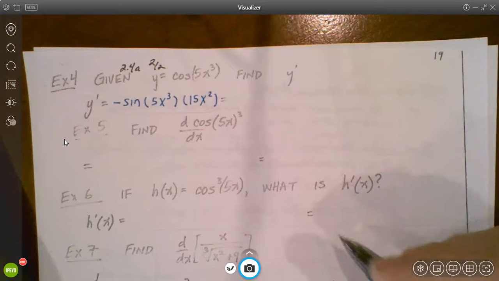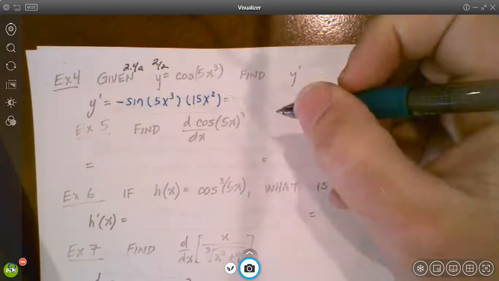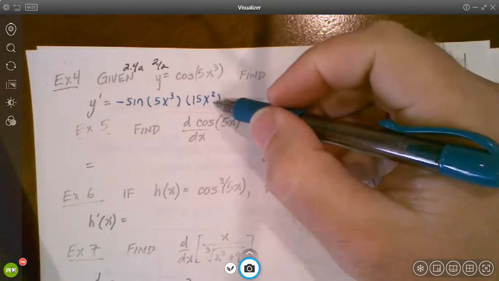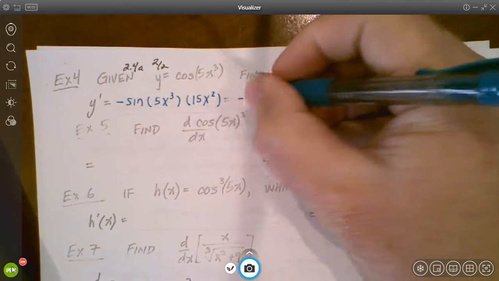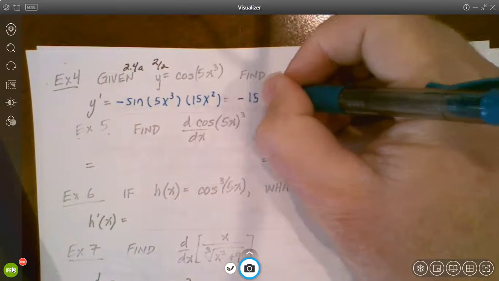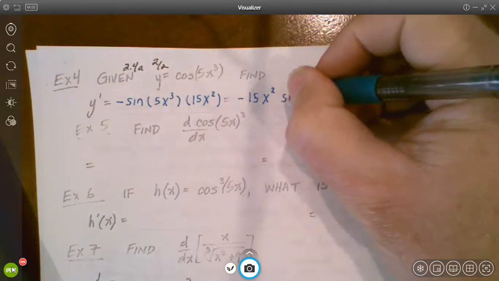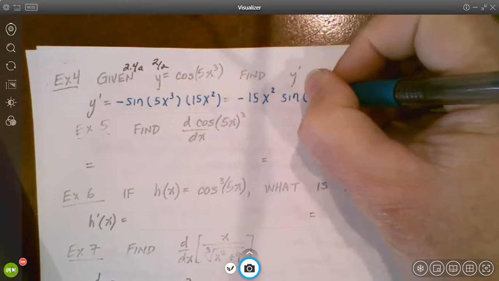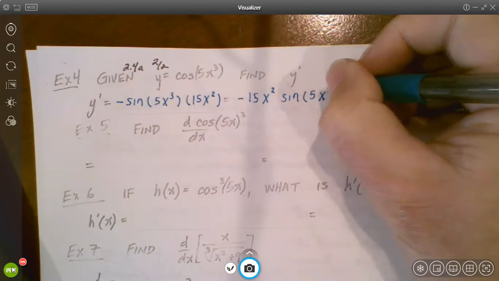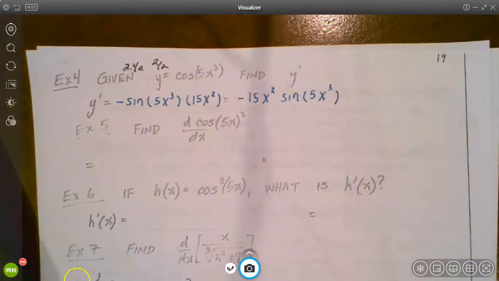And then the best way to write that, if we clean it up a little bit, would be to put this guy in front with that negative. So negative 15x squared times the sine of 5x to the third. And that's what we got.